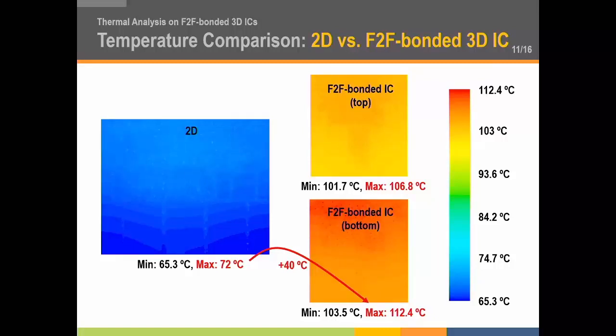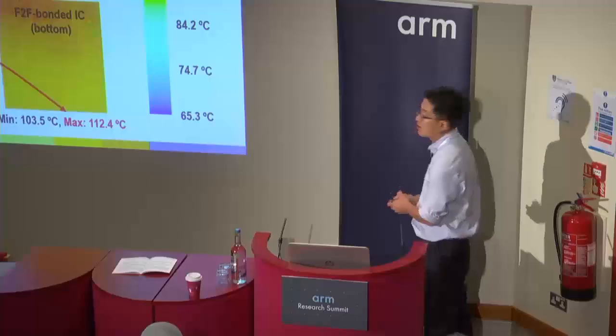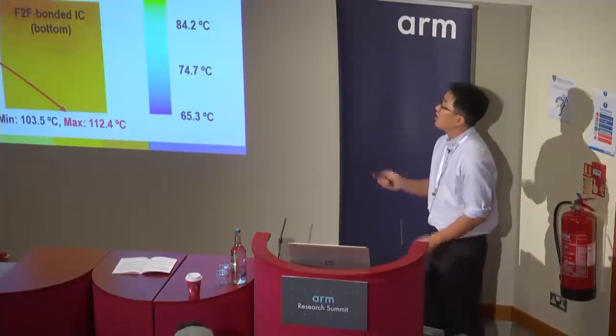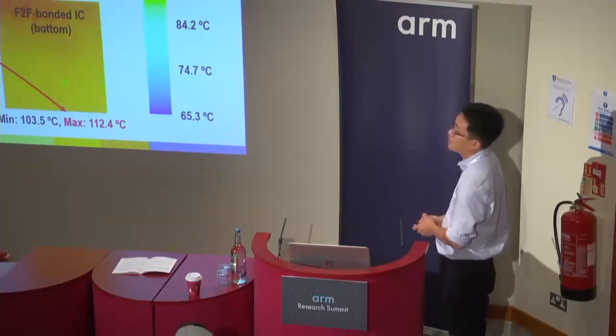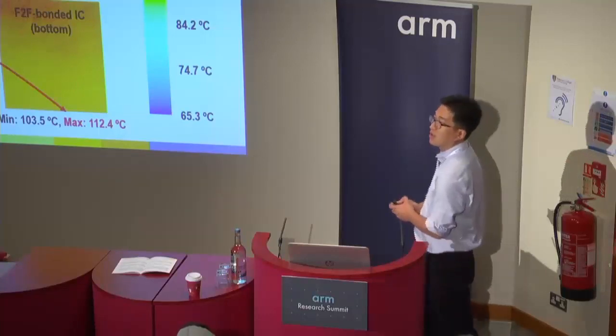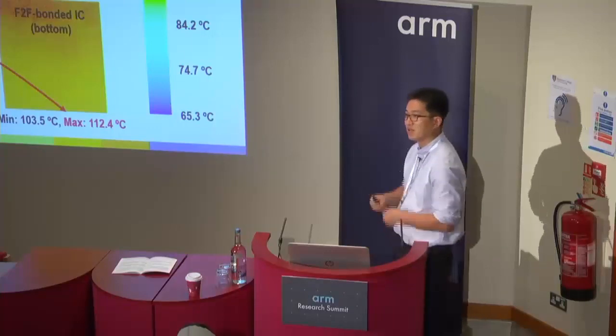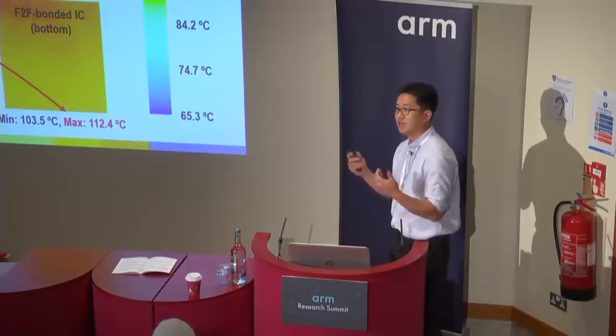The right figure shows the temperature map of the face-to-face bonded 3D IC at the active layer of the top tier and the bottom tier. We can see that the temperature of the bottom tier is higher than the top tier, because the top tier is near the heat sink, so the heat can be dissipated much more efficiently.